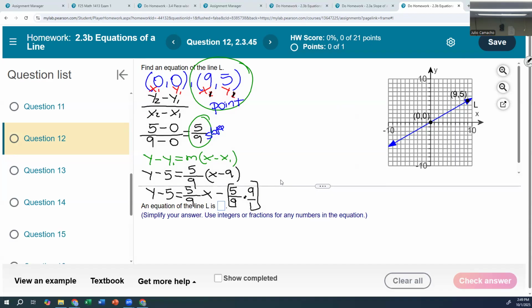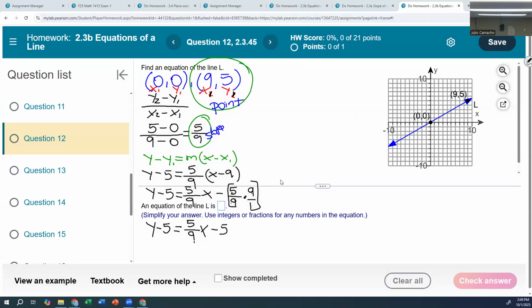So you get that y minus 5 is equal to 5 over 9 x, and now minus, you know, 5 times 9 is 45. 45 divided by 9 is a 5. It's a negative 5.